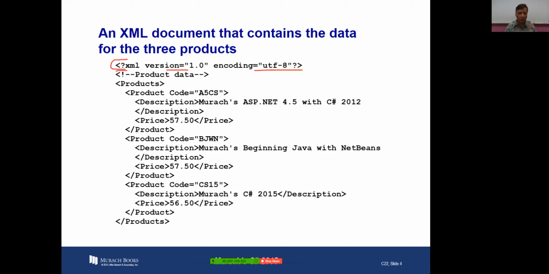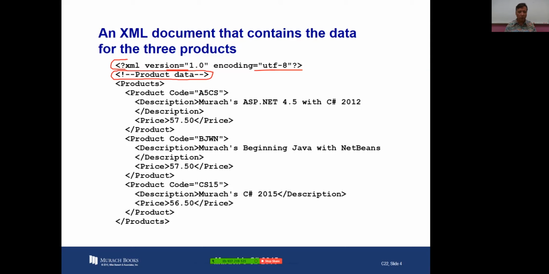And then these are comments. If you're familiar with HTML, it's very similar. This looks very similar to HTML, except HTML formats for the browser, while XML formats data for passing back and forth between computers.